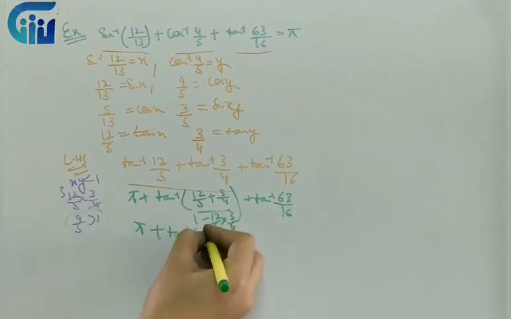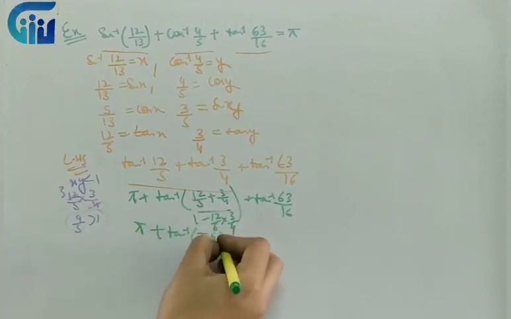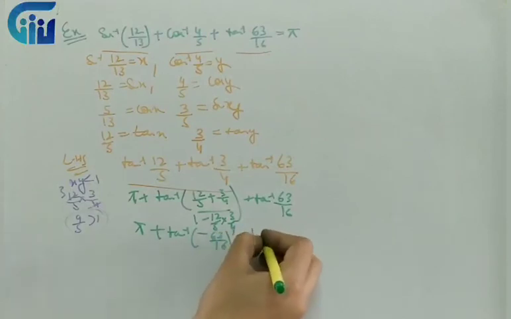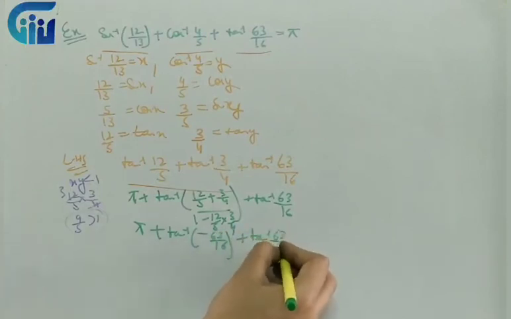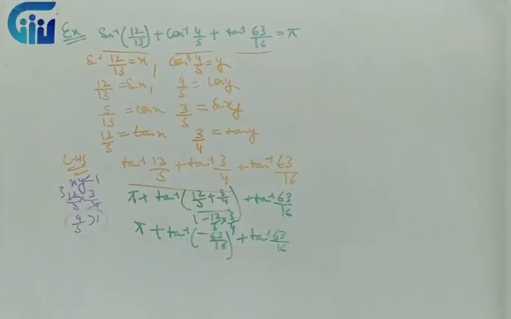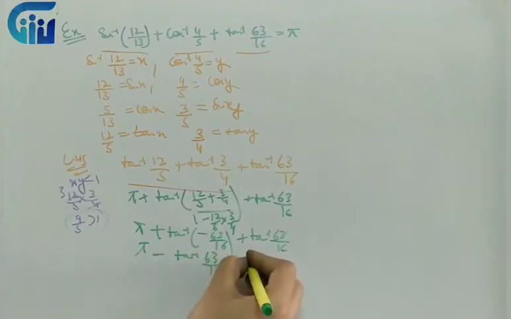If I solve it, it comes out to be minus 63 by 16, plus tan inverse 63 by 16. So tan inverse of minus x we know is minus tan inverse x, so minus tan inverse 63 by 16 plus tan inverse 63 by 16. These two will get cancelled. My answer is pi. Hence the question is proved.